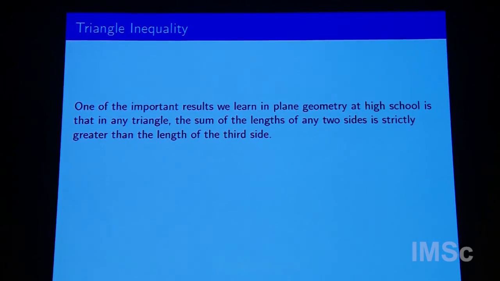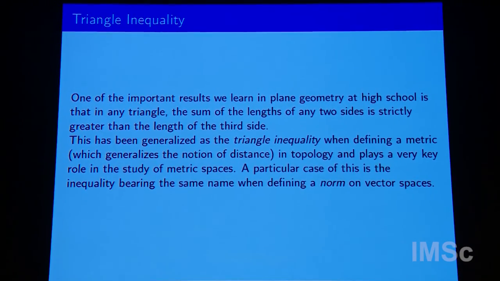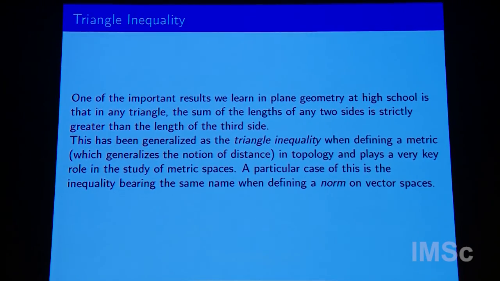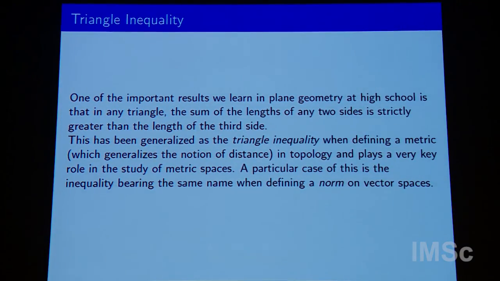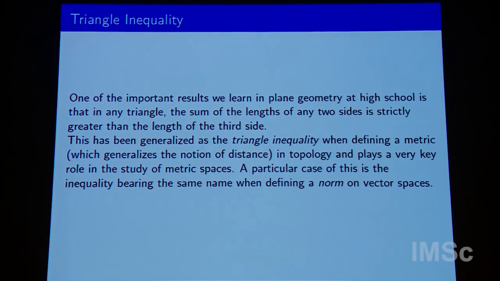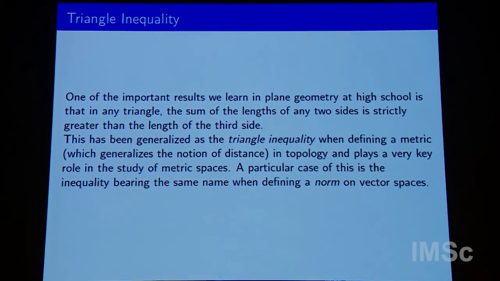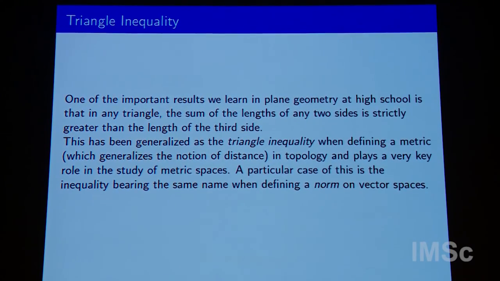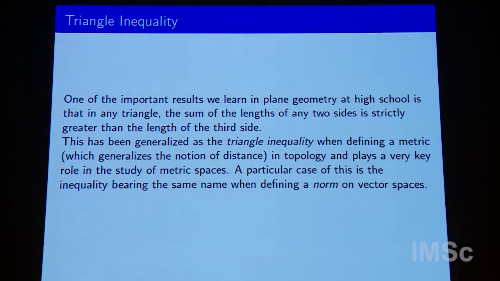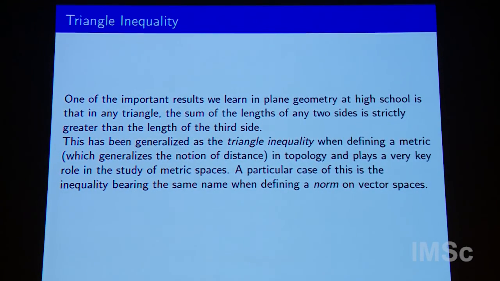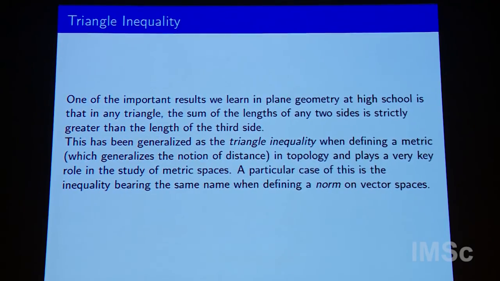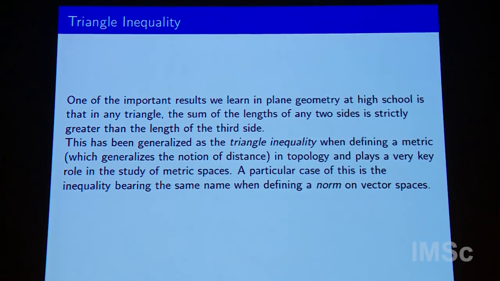This is called the triangle inequality, and it has been generalized as the triangle inequality when defining a metric, which generalizes the notion of a distance in topology and plays a very key role in the study of metric spaces. A particular case is the inequality bearing the same name when defining a norm on vector spaces. Anyway, all this is just an aside. It has nothing to do with what we are going to do.